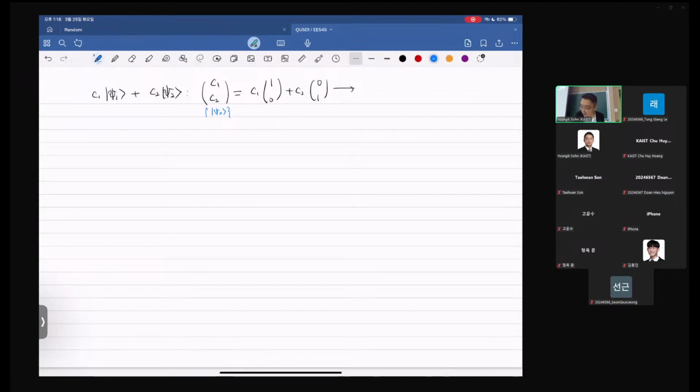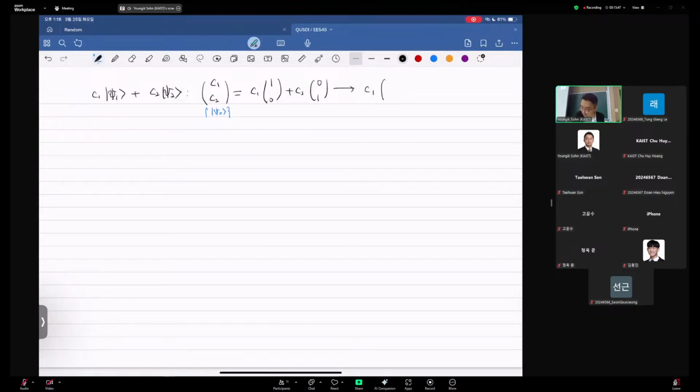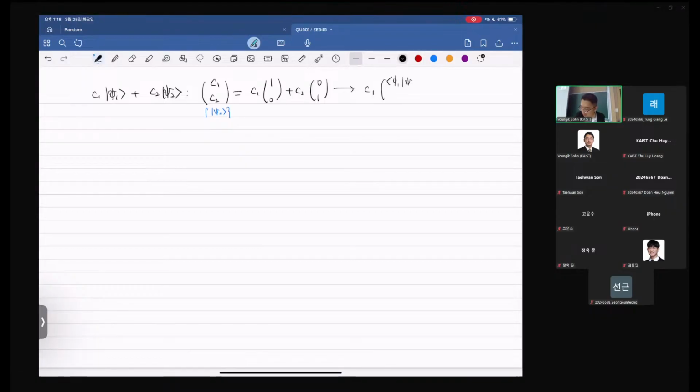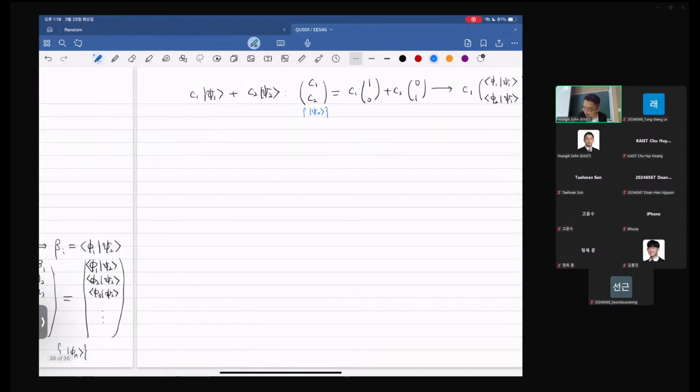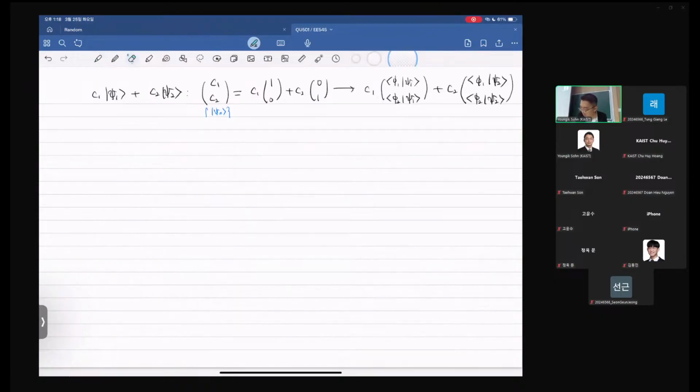So this one will become C1 times phi 1 psi 1, phi 2 psi 1, and so on. These indices can be confusing, but if you follow one by one, it's okay. Plus C2 times phi 1 psi 2, phi 2 psi 2, and so on. In the new representation of the phi n basis, it changes to that expression.